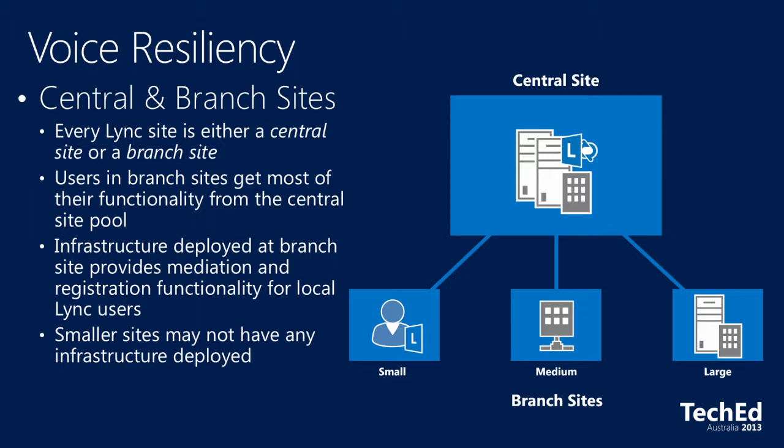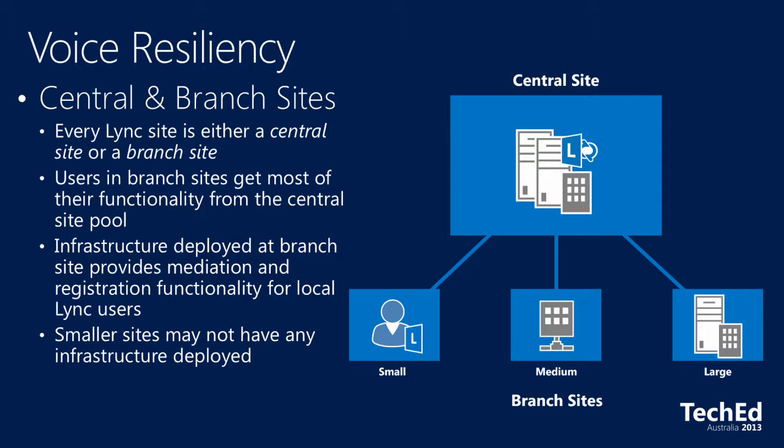A branch site, looking at this medium-sized site, we might have an SBA there. A survivable branch appliance, which we'll talk about in a few slides, has a subset of Lync features that enables voice resiliency, but doesn't have all the functionality that we get from our front-end pool. We also have a small site, which isn't a Lync topology site.